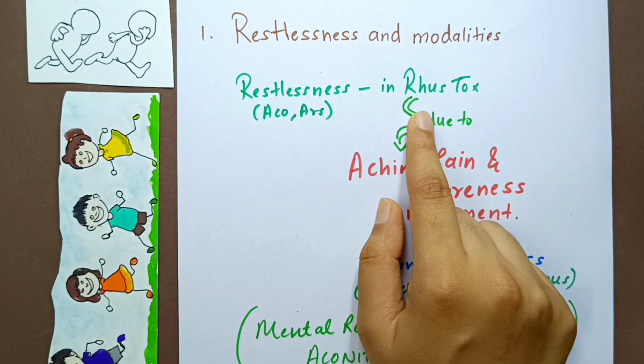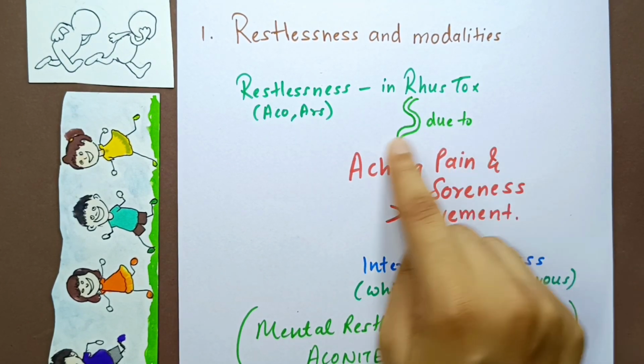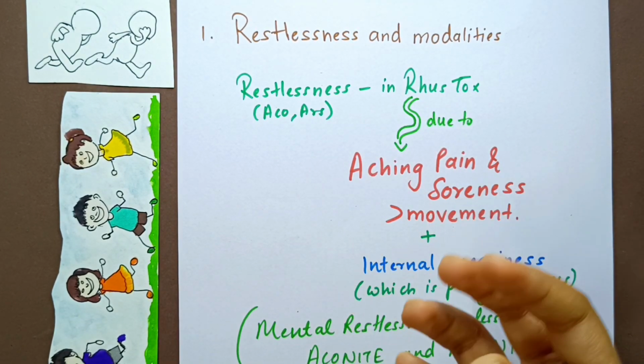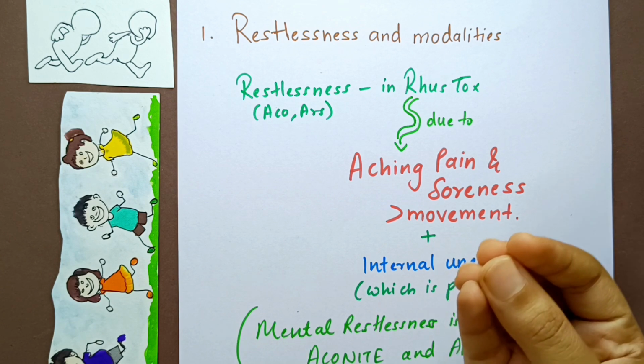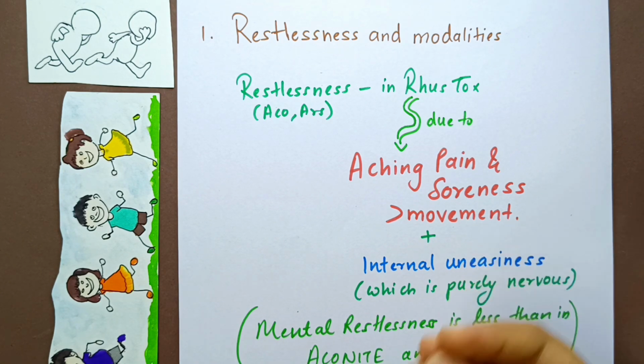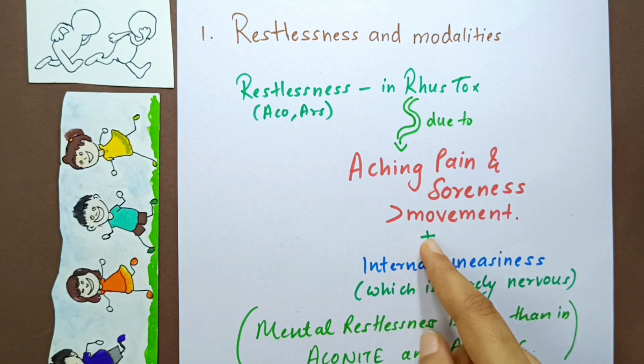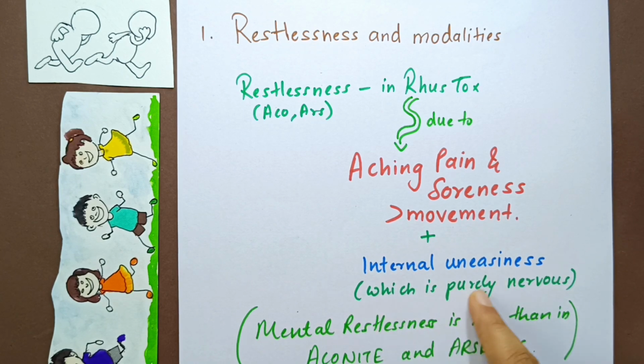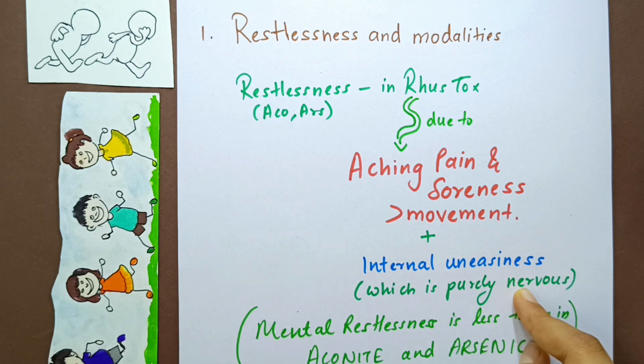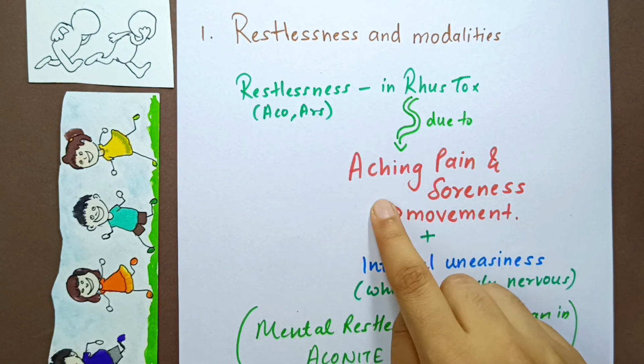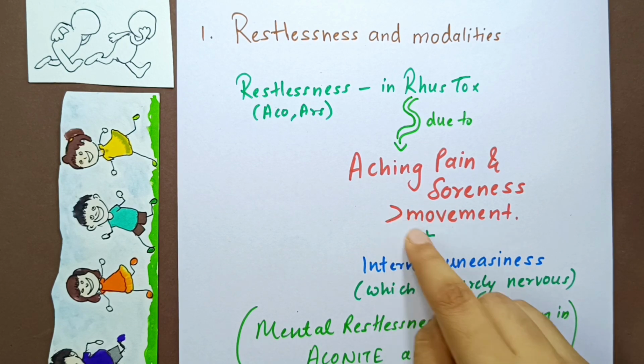In Rhus Tox, this restlessness is due to aching, pain, and soreness. There is a kind of pain that they have, soreness that they feel, because of which they will feel restless. Plus there is internal uneasiness, which is purely nervous. Some kind of internal uneasiness gives rise to this restlessness along with the aching, pain, and soreness, and it is aggravated by movement.